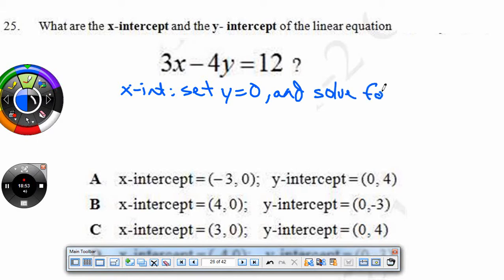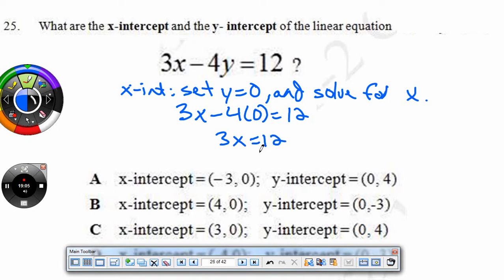So let's plug in a 0 for the y. So that would be 3x minus 4 times 0 equals 12. 3x equals 12. X equals 4. Remember, we put a 0 in for the y, so that's 4, 0 for the x-intercept.